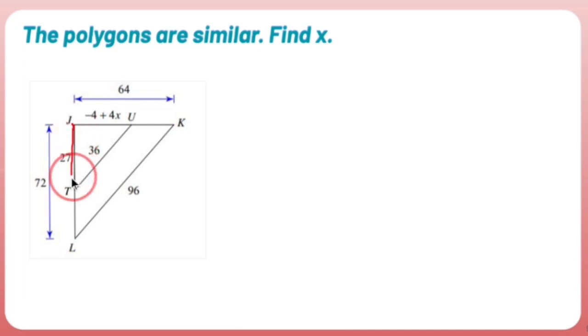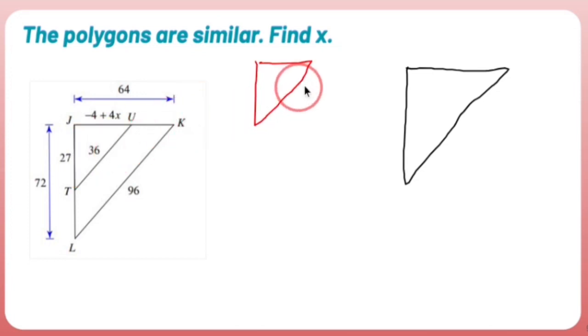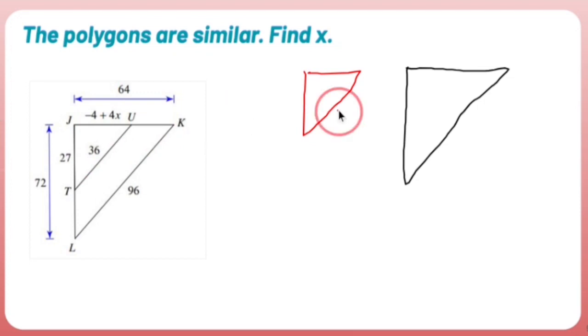I have that triangle living inside of this triangle right there. And if I wanted to, I could rip this apart and write down as much information as I need based off of what I just did. That red triangle was 36 right here, 27 right there, and negative 4 plus 4x right there.